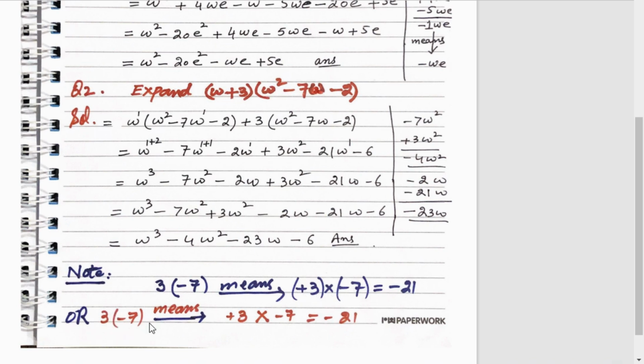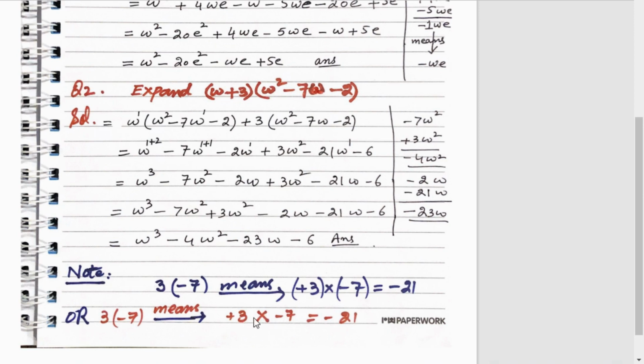And this is the other way to understand. 3 into minus 7 means plus 3 multiplied by minus 7. We can write them without brackets as well. If you write without brackets, this multiplication sign should be a big sign so that you cannot mix up plus and minus with each other. Plus and minus should be separate.